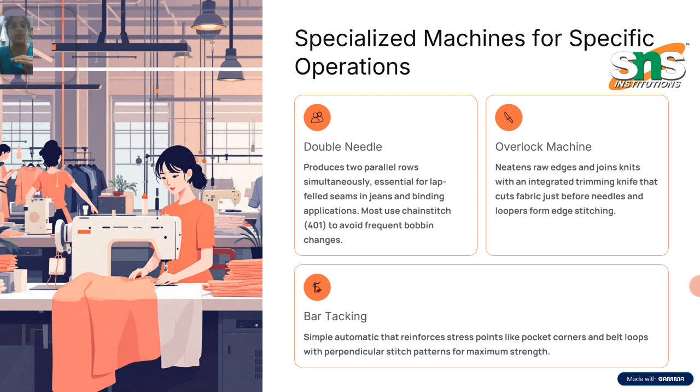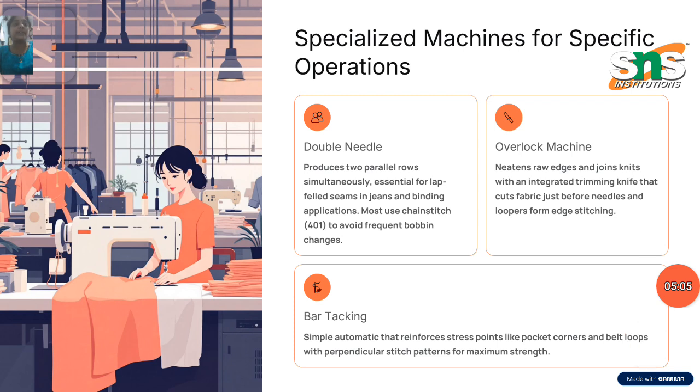It is mainly used in edge stitching, and it has 3 thread, 4 thread and 5 thread options, so we can modify the stitch designs. Next is bar tacking, a simple automatic that reinforces stress points like pocket corners and belt loops with perpendicular stitch patterns for maximum strength.